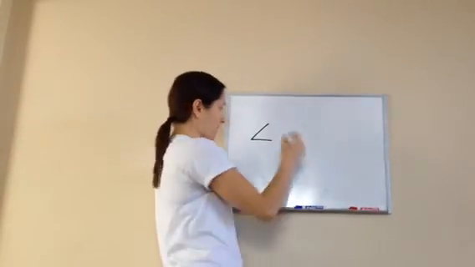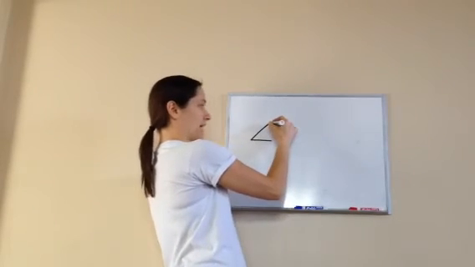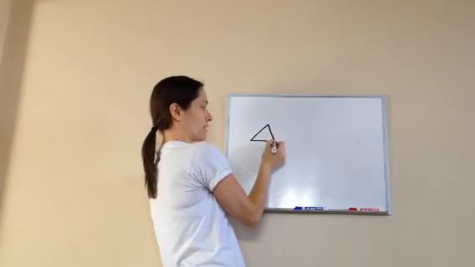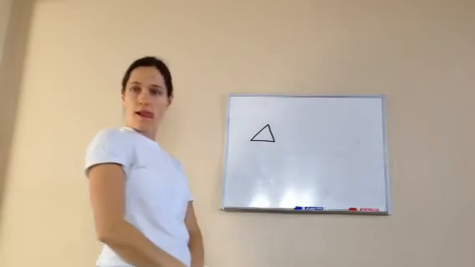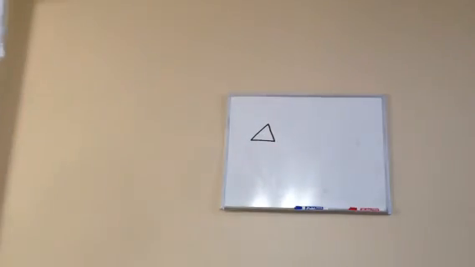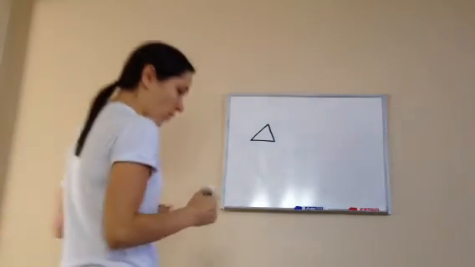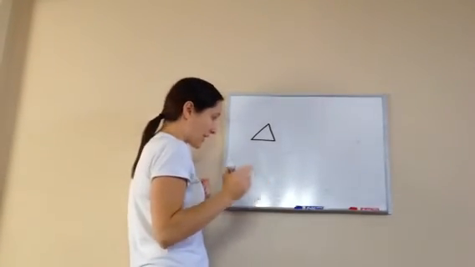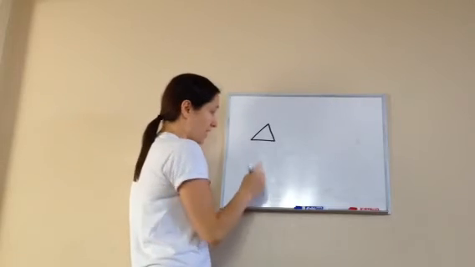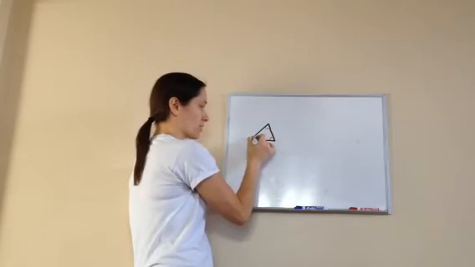And come down kind of at a little bit of an angle, not straight. No, you're doing good. And then, good. Now, what I want you to see is two things. Check out the angles.